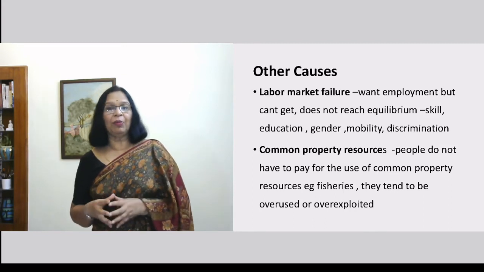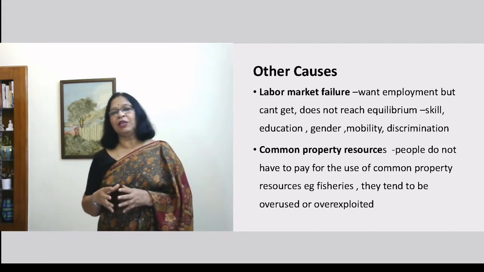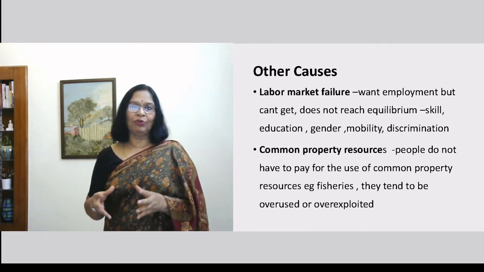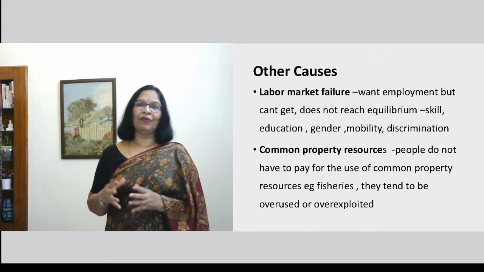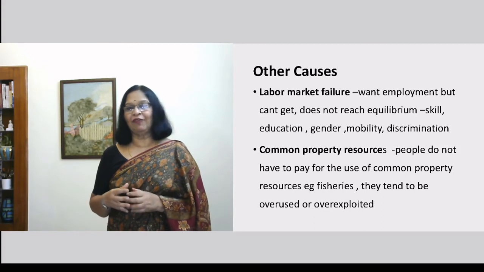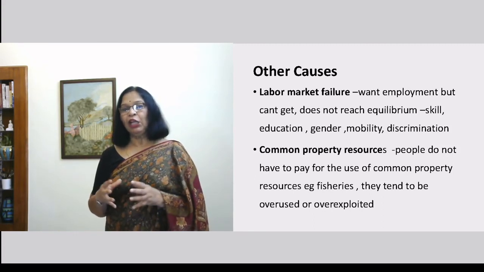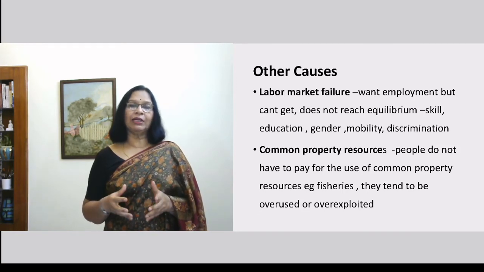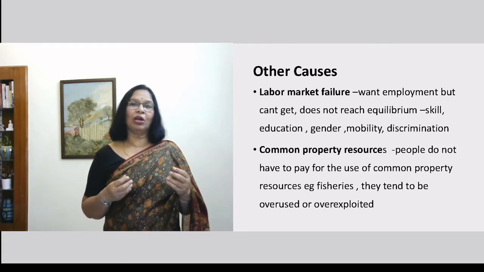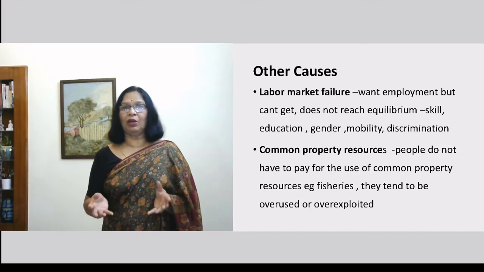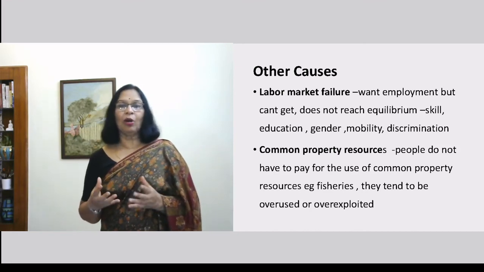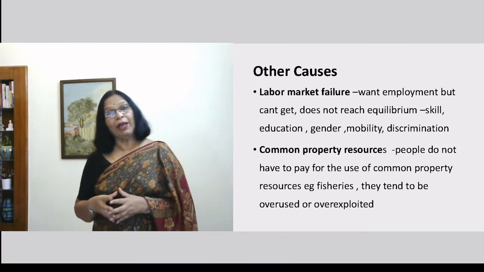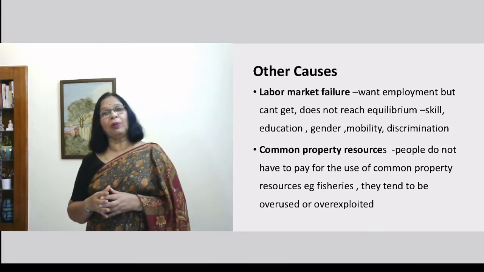And there is another problem of common property resources. This again comes from the realm of environmental economics, which we shall be examining when we discuss topics in environmental issues. Common property resource like fishing, then grazing grounds, or we talk about forests. These are common grounds where these are common property. Now, who will take care of these properties, and who will pay for the use of these common properties?